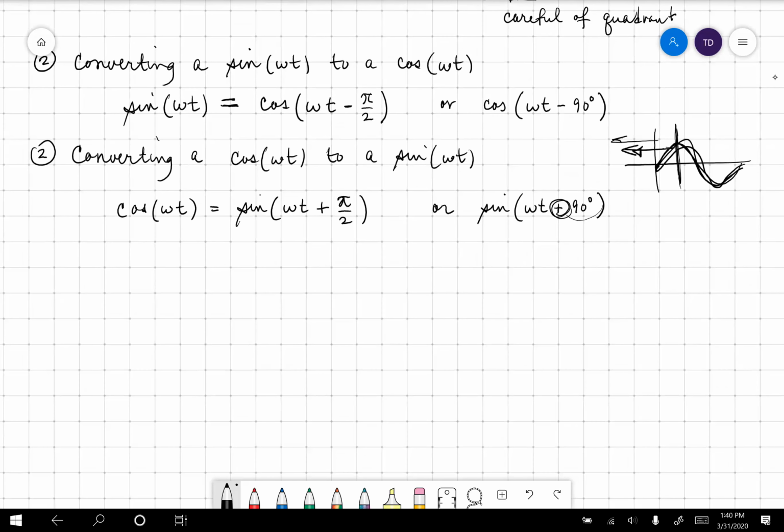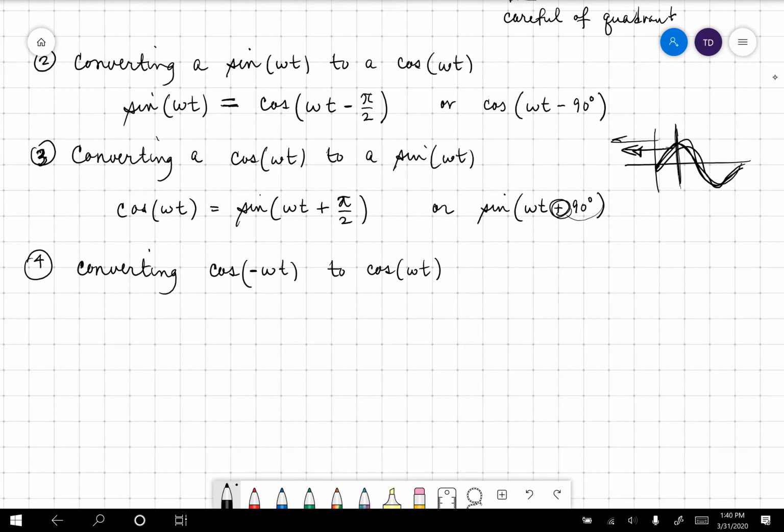Then we need the equations. That was 3, 2 and 2, 2 and 3. And then number 4. Number 4 is converting cosine of minus omega t to cosine of omega t.